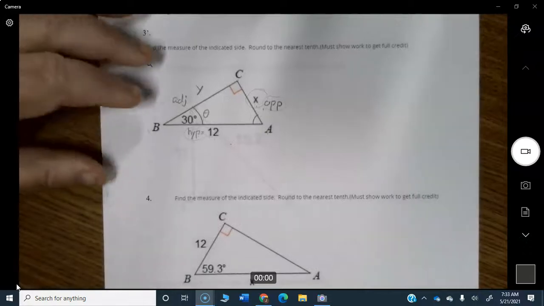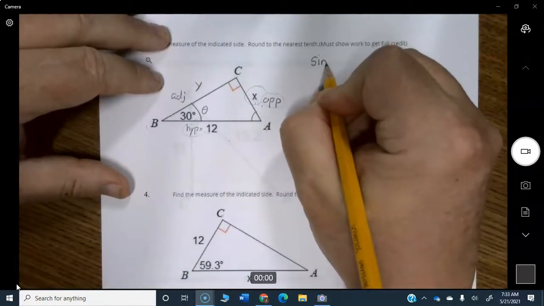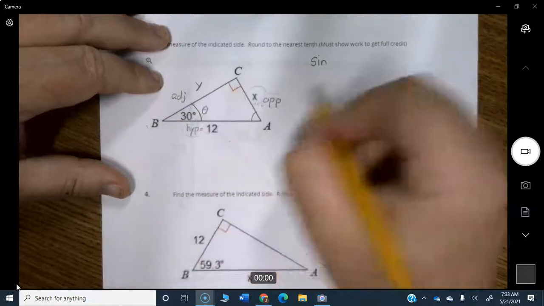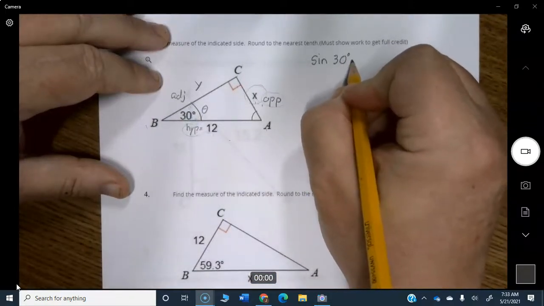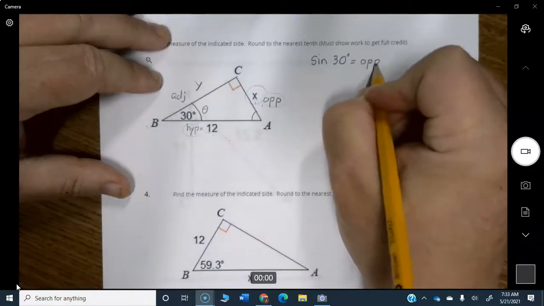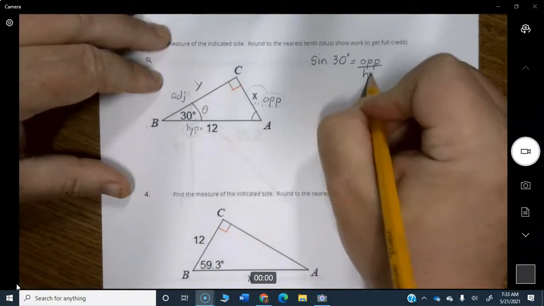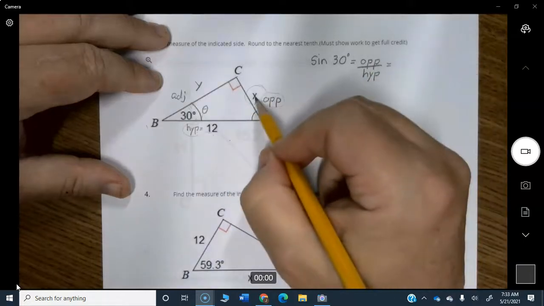The way you write that is the sine of the angle theta, which in this case is 30 degrees, equals opposite over hypotenuse. In terms of the values on the triangle, the opposite is side x.